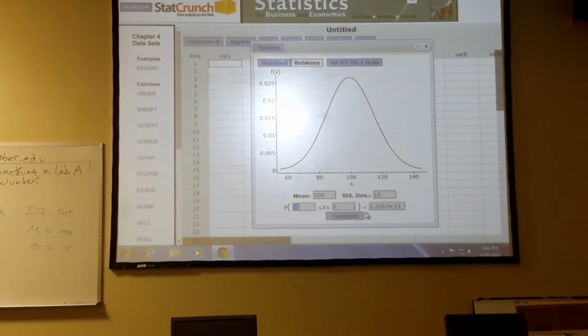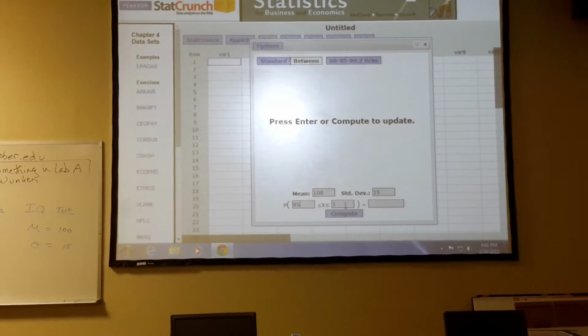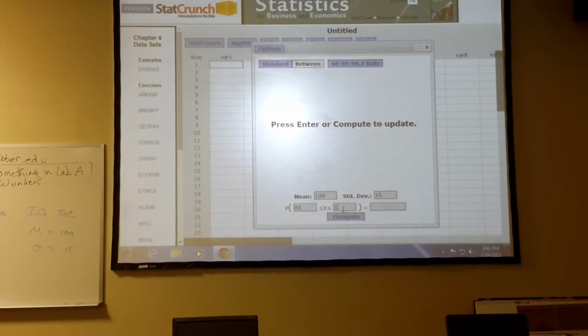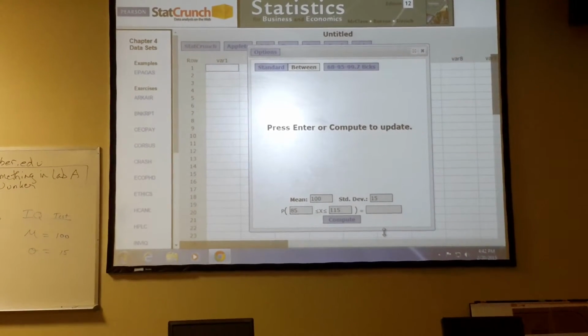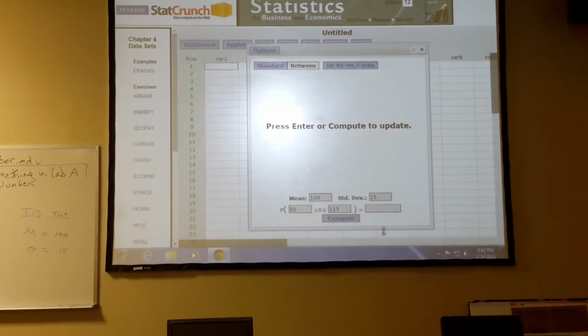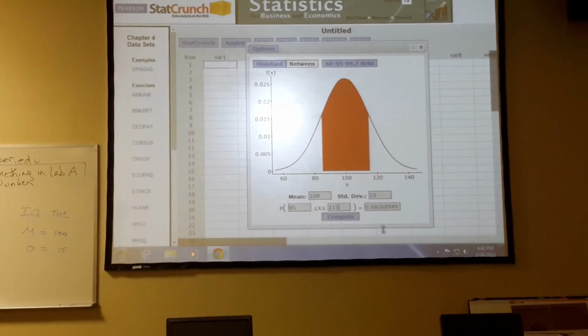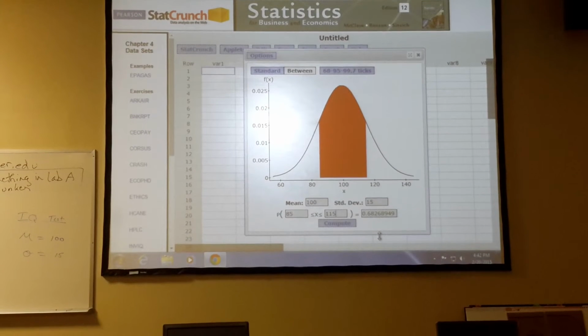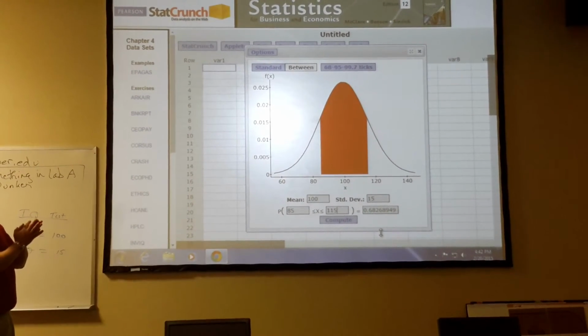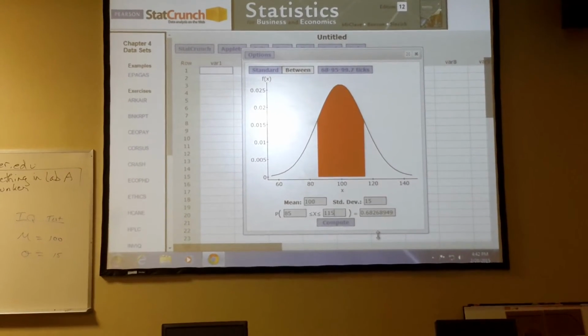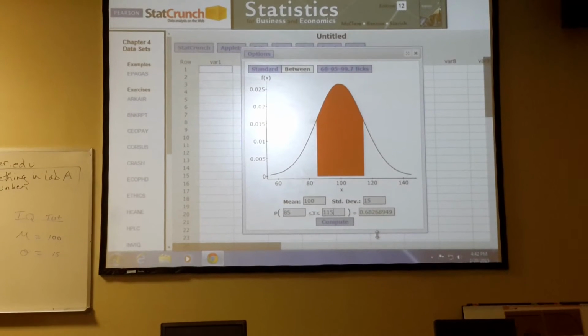We put in our lower value here to show that x would be greater than or equal to 85 and less than or equal to 115. When we hit compute, we see that right at 68% of all of the values, 2/3 of everybody in the middle of our distribution will have IQs between 85 and 115.